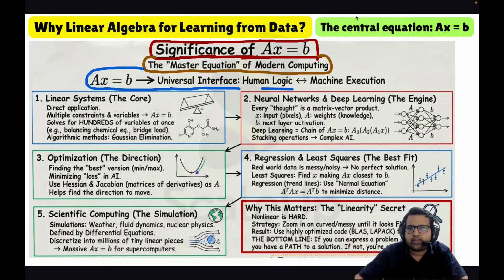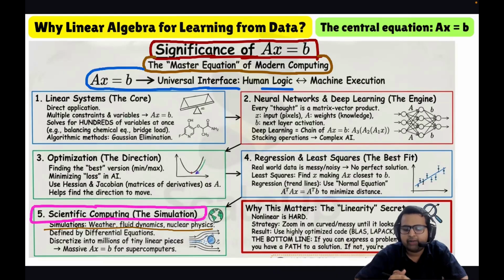Now the central equation Ax = B also plays a role in scientific computing, wherein it helps in simulation. Modern science runs on simulations, like simulating weather patterns, fluid dynamics, and nuclear physics. Simulation problems are usually defined by differential equations.